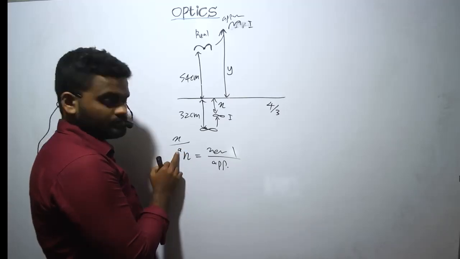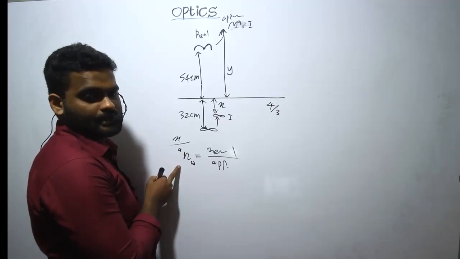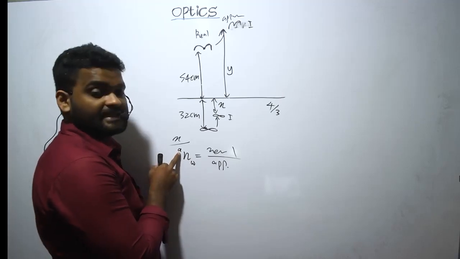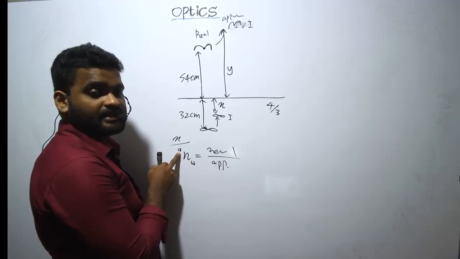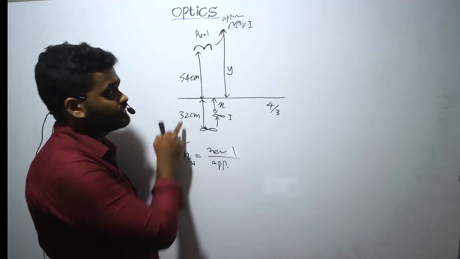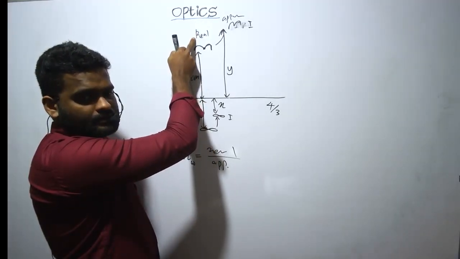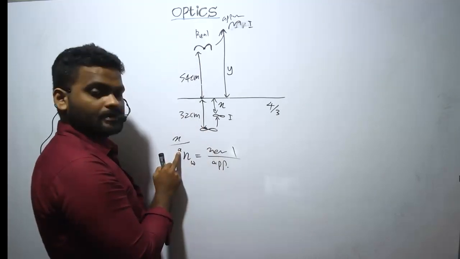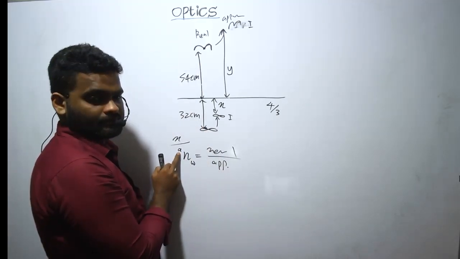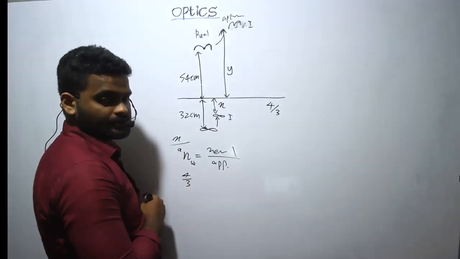Relative to air, the refractive index of water. Why did I take air here? Because relative to the place where you place the eye. At this point, the eye is in the air, the eye of the bird. Understood? Relative to air.